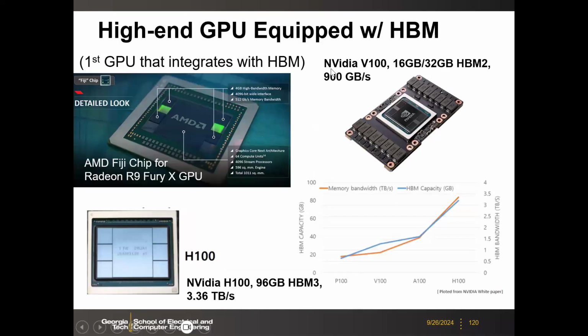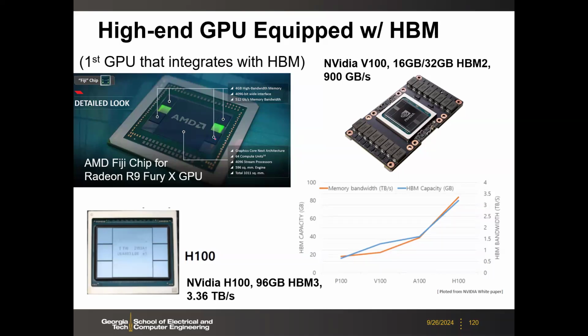Okay, so then let me show you some integrated systems. Actually, the first product to use the HBM was from AMD. It's not from NVIDIA. Actually AMD did the first work. So AMD's particular GPU, this Radeon R9 Fury X, uses the Fiji chip, which is a GPU chip, and that one integrates the HBM, the first generation of the HBM.